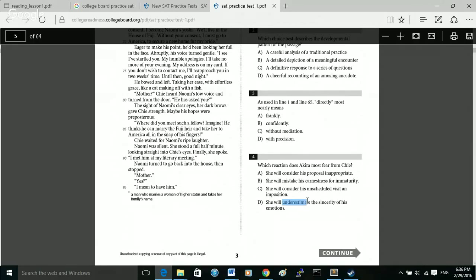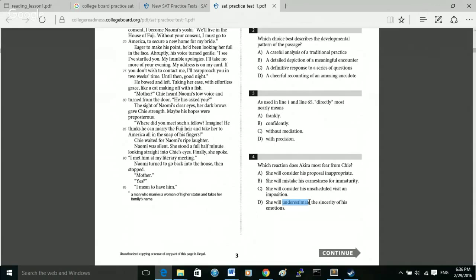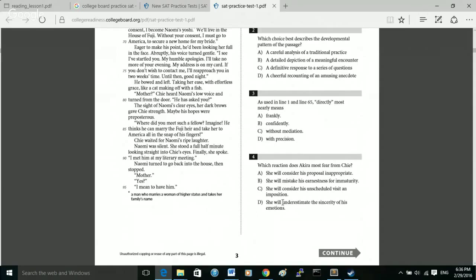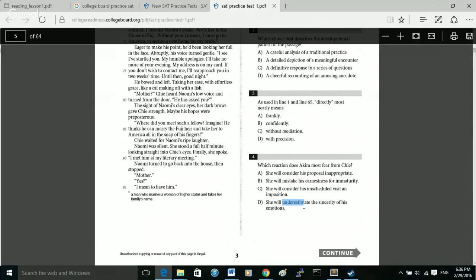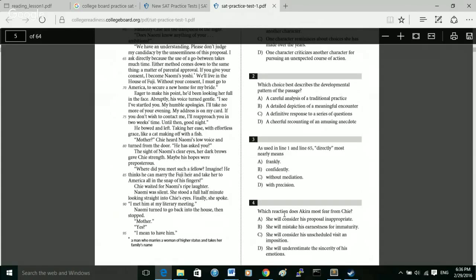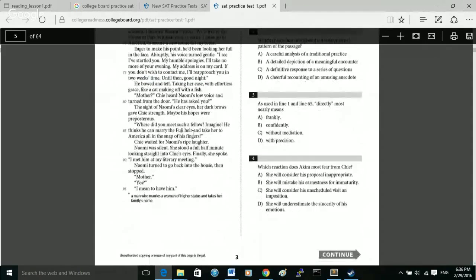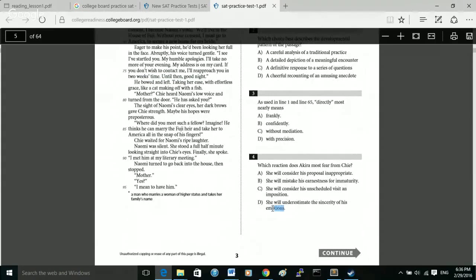Here, this word we see, underestimate, is what actually makes this answer choice wrong. Akira does not fear Chi underestimating the sincerity of his emotions. And also, emotions is another wrong word, because if we look back, it says the candidacy of the proposal, not his emotions. So answer choice D is incorrect.